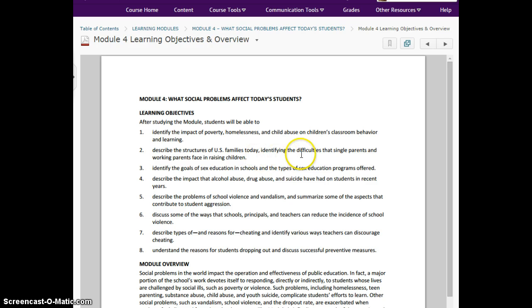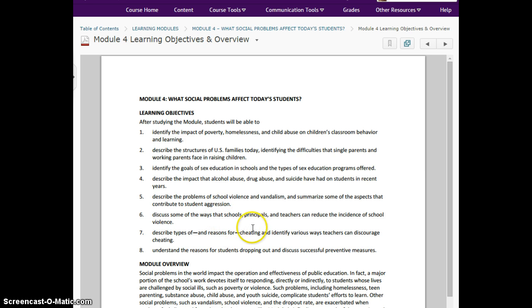Looking at some of the characteristics of families and students in this country and some of the issues related to that, and also some of the issues that relate to students themselves, and especially focusing on issues of school violence, bullying, and aspects of those topics.